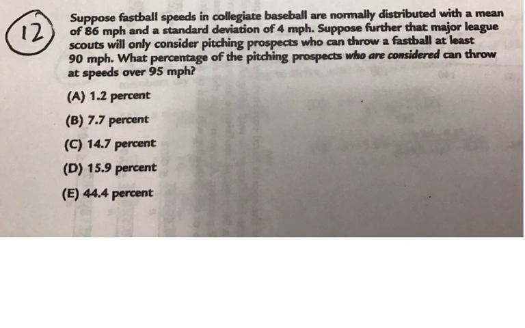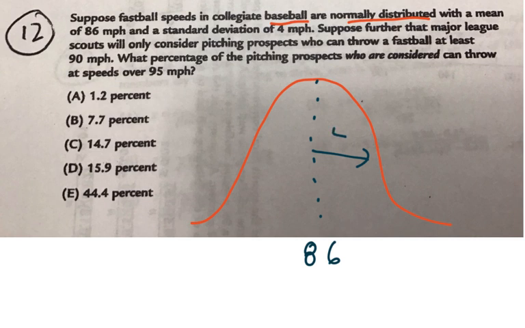Notice what they're saying here, that we're looking at collegiate baseball pitchers. It's normally distributed, so the first thing we're going to do is a nice sketch, right? And we know that its mean is 86 miles per hour. That's how fast they can throw, with a standard deviation of 4 miles per hour.